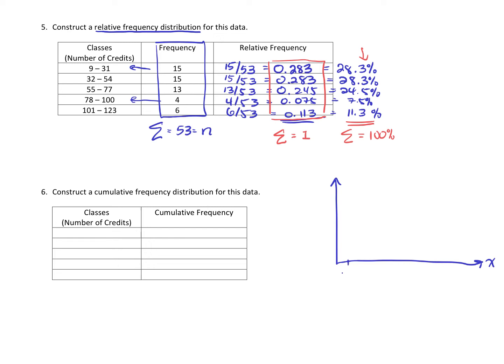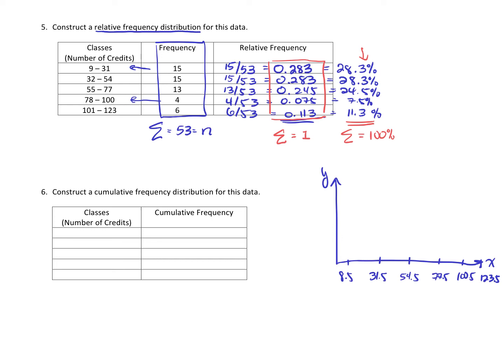So again, I'll have 8.5 up to 31.5, and then we'll have 31.5 up to 54.5, then up to 77.5, and then 100.5, and then 123.5.